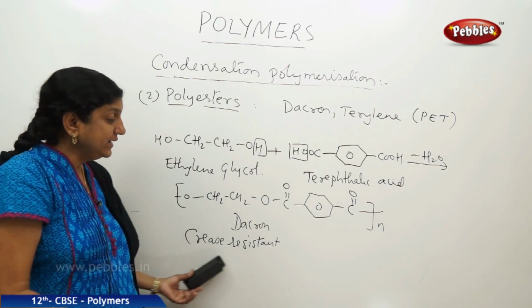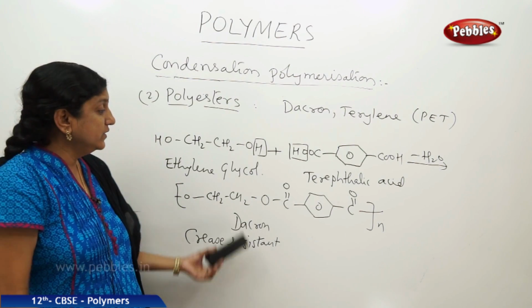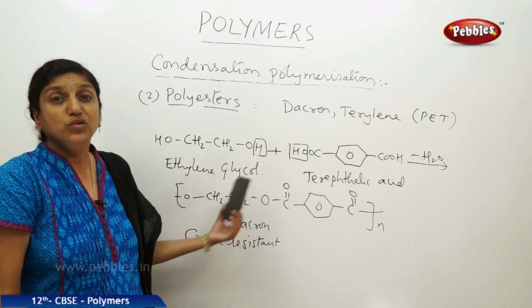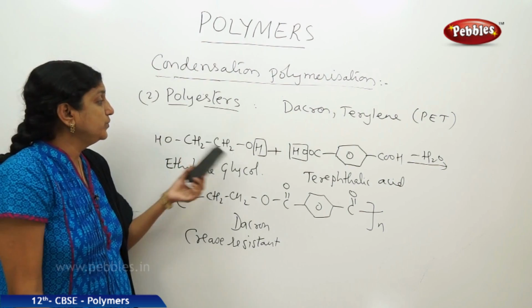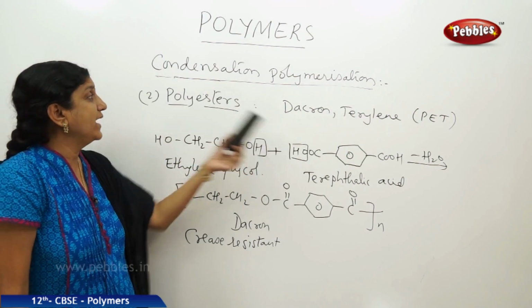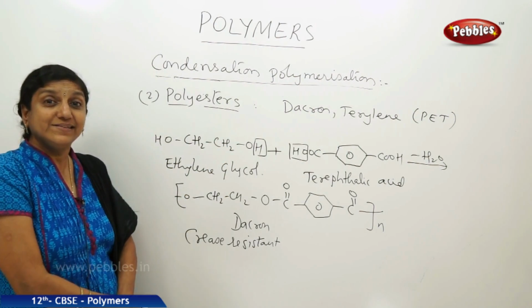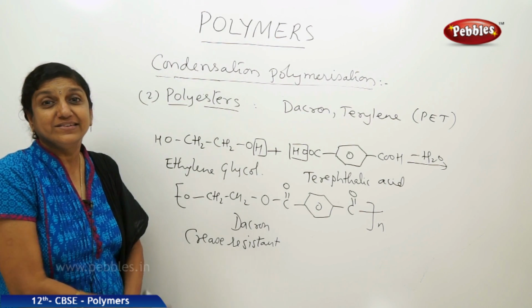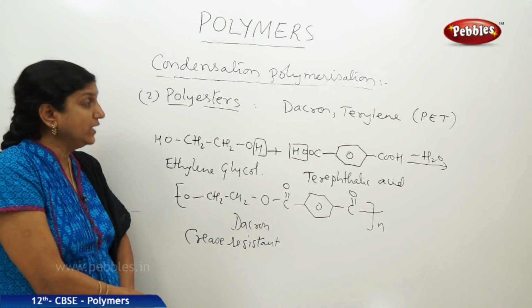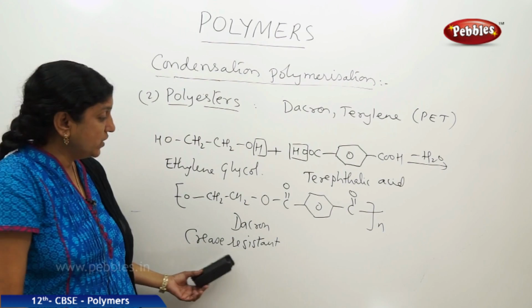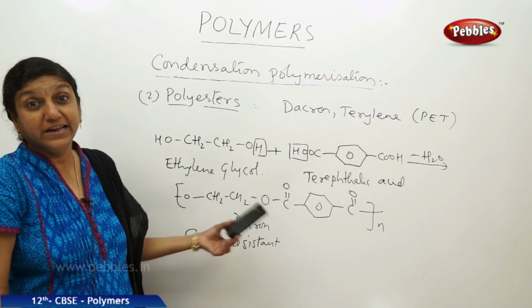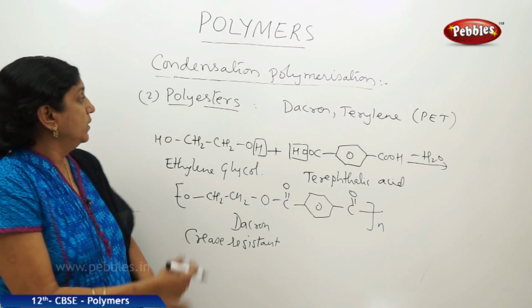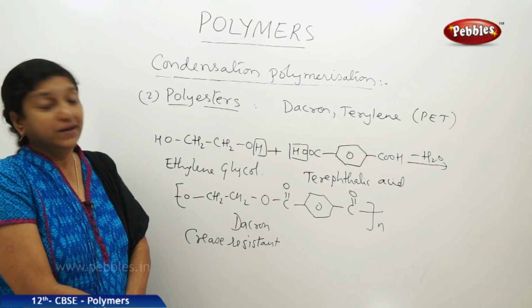They are crease resistant. That is the useful property of this particular polymer, Dacron or Terylene, that it is crease resistant. That is why it is used in making fabrics which are crease resistant. Terylene is a very popular polyester fabric.